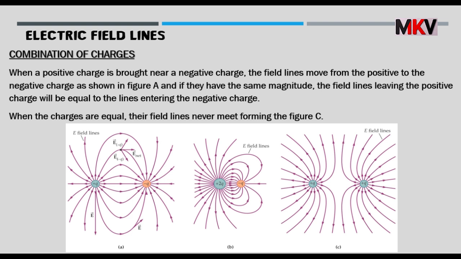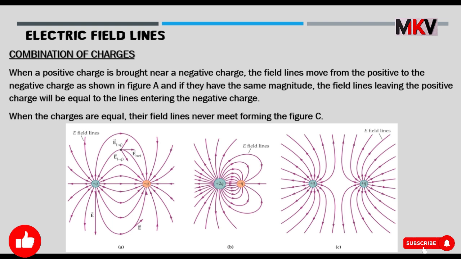So the lines entering the negative charge will be fewer than the lines coming out of the positive charge, since its magnitude is smaller than the magnitude of the positive charge.